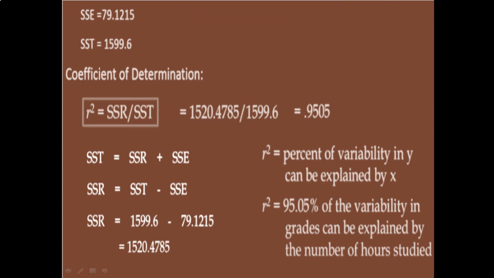When R square equals 95%, its meaning will be that 95% of the variability in grades can be explained by the number of hours, and the remaining percent, which is 5%, is due to some fluctuations, due to the IQ of the student, due to experience, many things.